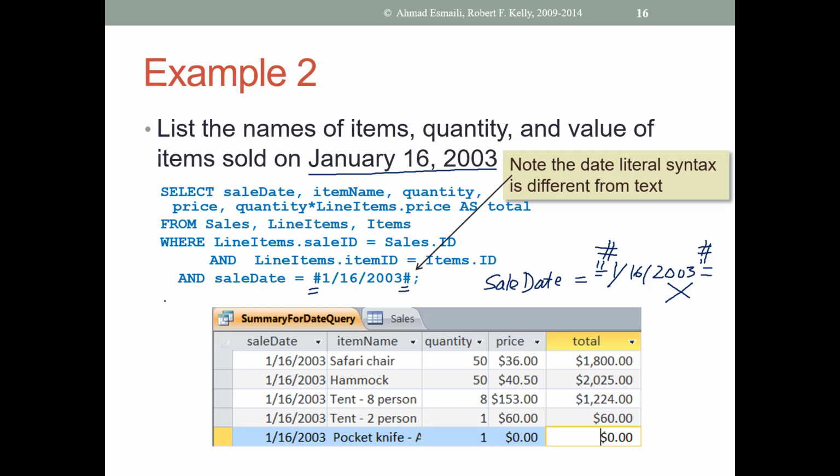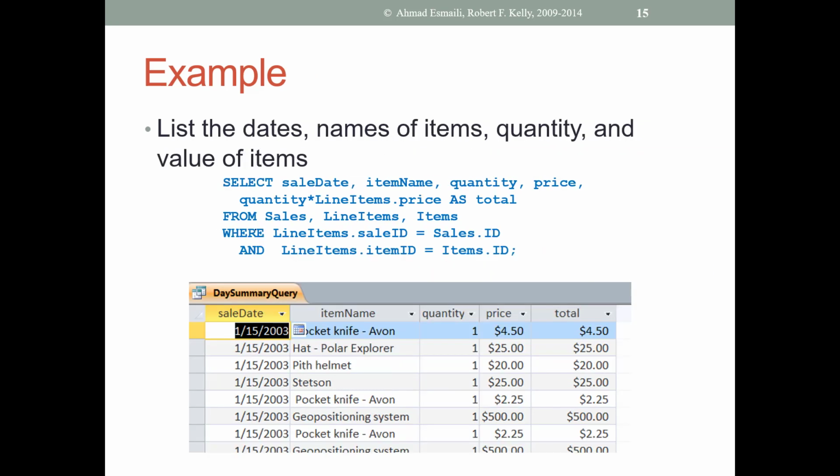Okay, so what did we do here? Well, we have to do the join, right? So everything remains the same as we had in the previous slide. The only thing that we are adding right here is that we want this information only for, okay, we don't have the complete result.